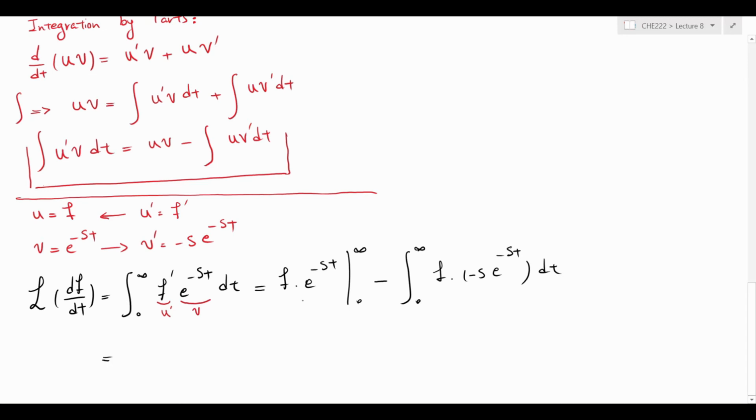And now I can evaluate the first term. And one thing we know is that we had a condition for a function so that it can be transformable using Laplace transform. And that condition was the function must be piecewise continuous. And if you remember, in the definition of piecewise continuous, I said that the function should have finite limits.